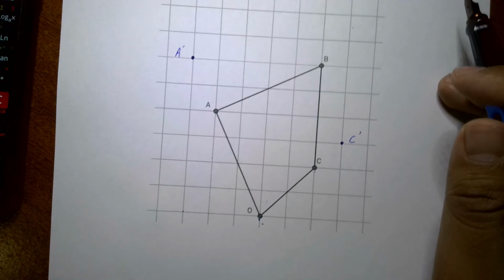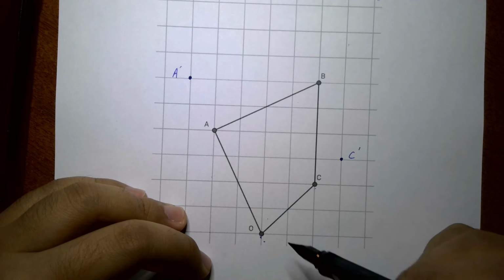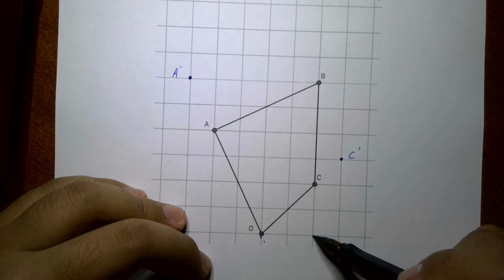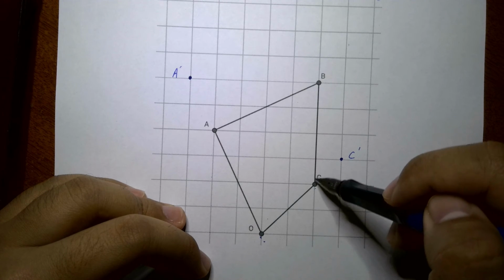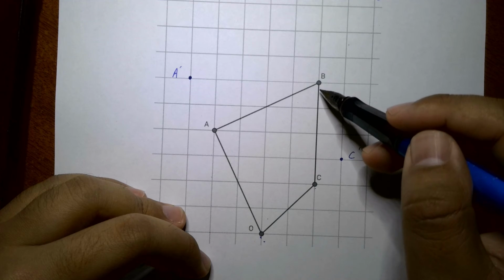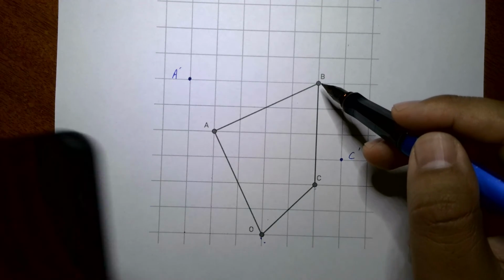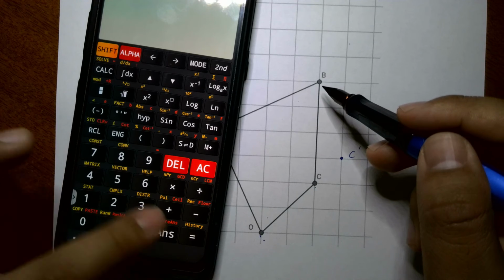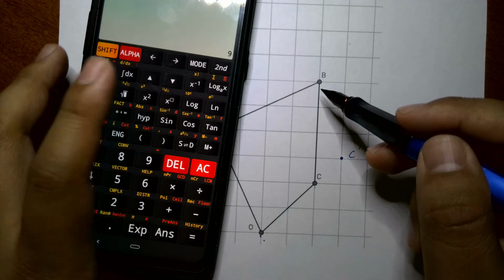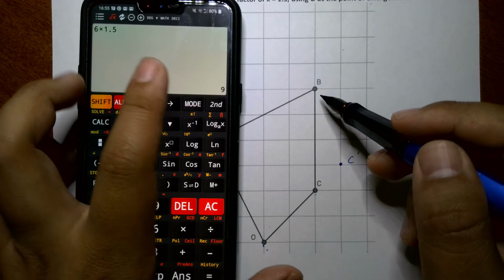One last point here. Point B. Let's count it. It's also 2 across. But if we count up, it is 1, 2, 3, 4, 5, 6 up. So that 6 up should be 6 times 1.5. It should be 9 up.